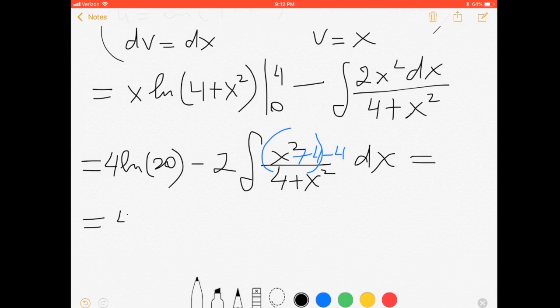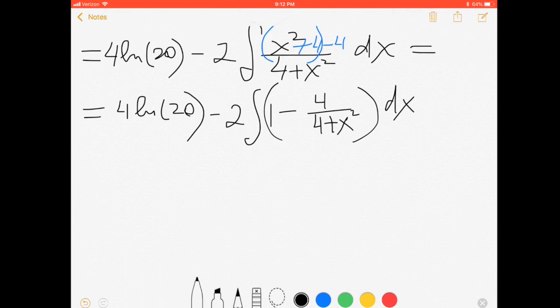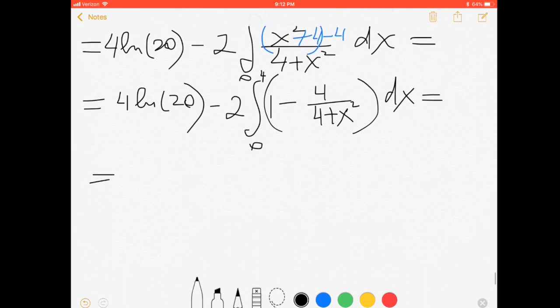What does that give us? We have 4 natural logarithm of 20 minus 2 times the integral of x squared plus 4 over x squared plus 4, which is 1, and the second term, 4 over 4 plus x squared. Hooray, we have table integrals here. Okay, continue. Oh my god, I forgot about 0 to 4.